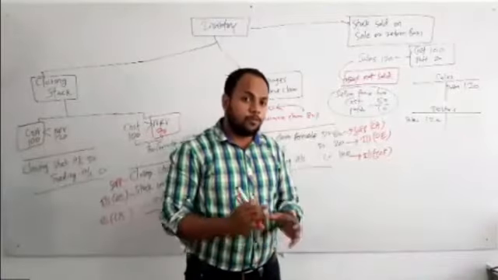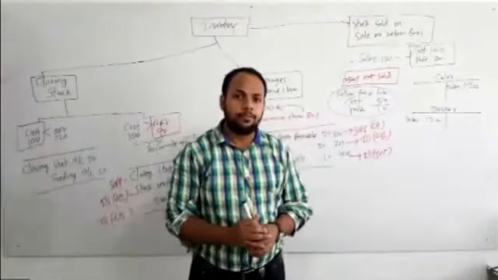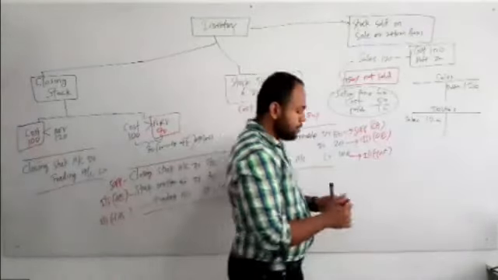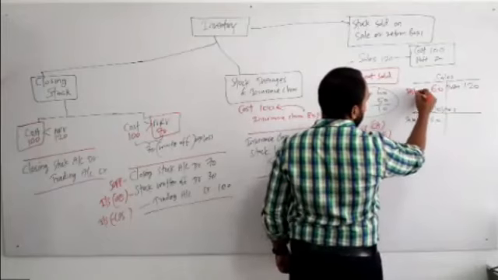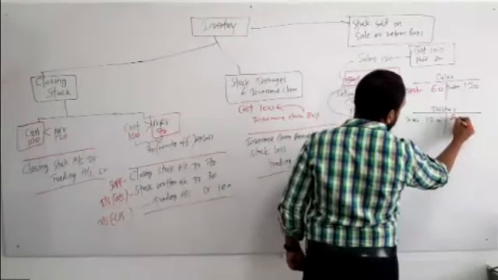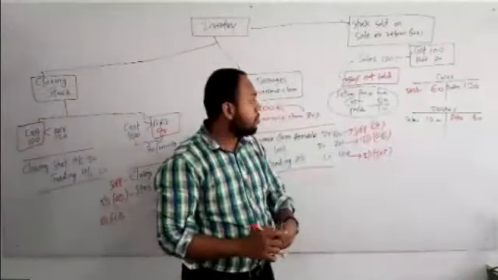So we need to remove the sales entry, reversal of sales. So what's the reversal of sales? Sales account debit 60 and the debtors account we have to credit 60 because it is not sold.